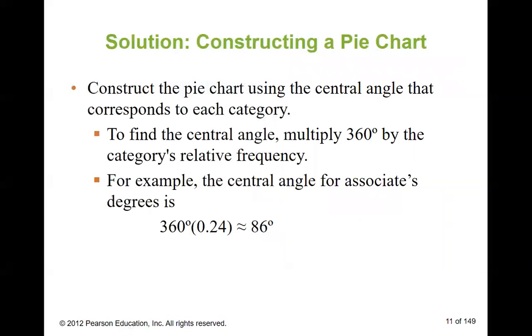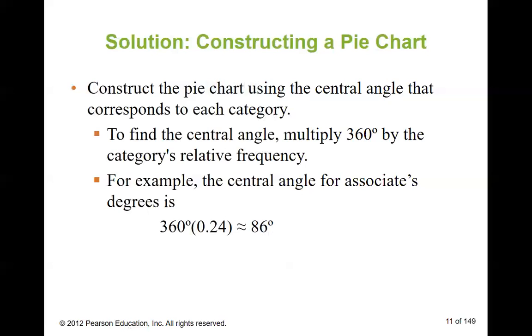All right? Now, let's talk about how you get the pie chart from that. We'd have to have an angle measure that would correspond with this. So in order to do that, remember, if you have an angle where the vertex is at the center of the circle, it's called a central angle. And that would mean whatever we get for this decimal number in the relative frequency column, we multiply it times 360, and that'll give us the amount in degrees.